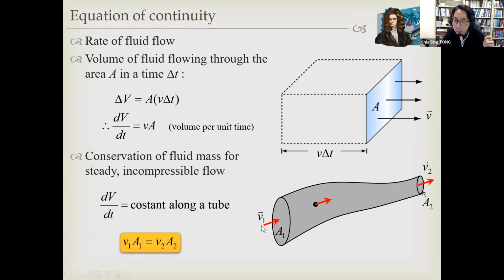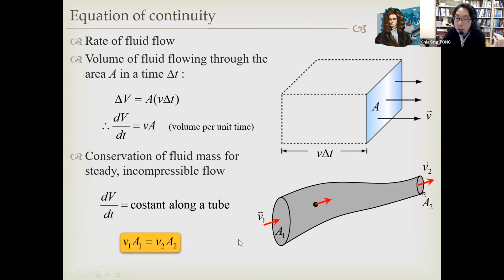Suppose on this side, the velocity is V1, and on the other side, the velocity is V2. Because the total volume of liquid is conserved inside the pipe, right? It cannot be more or less because the liquid is incompressible. We assume that the liquid is incompressible, so that the volume will not change with time, right?